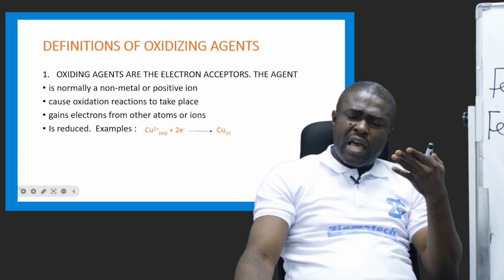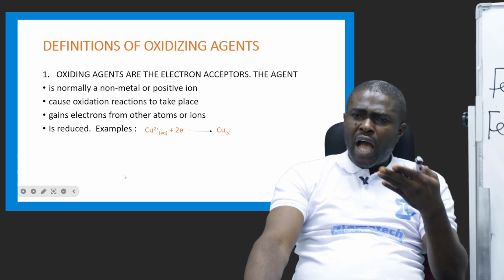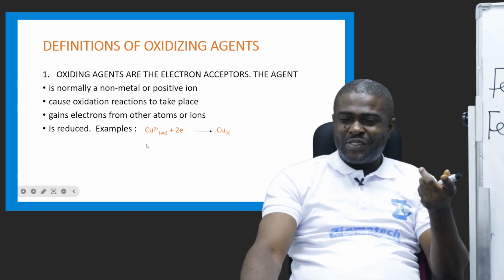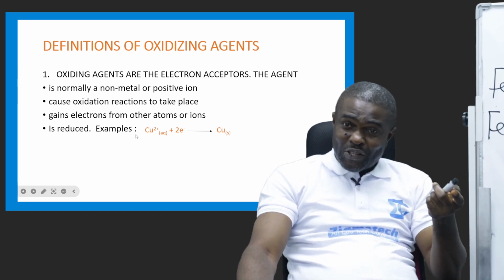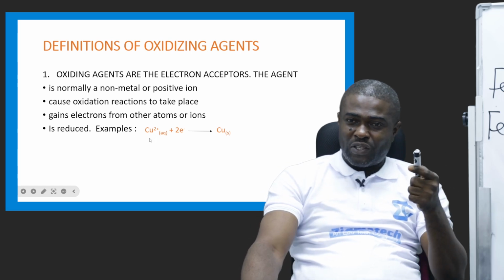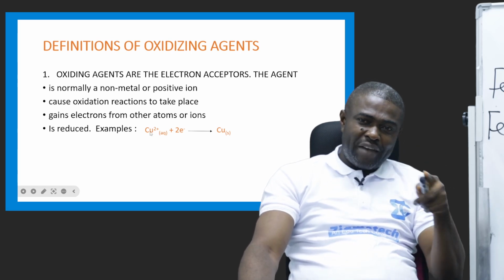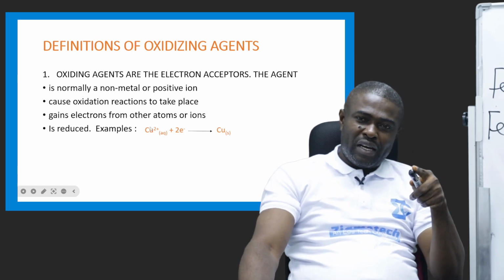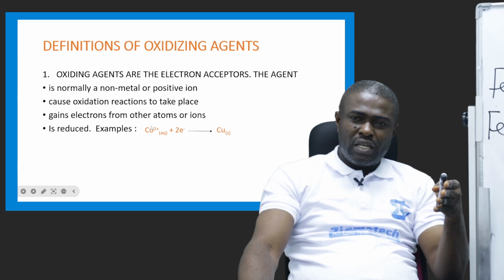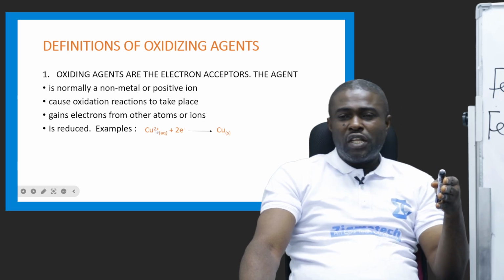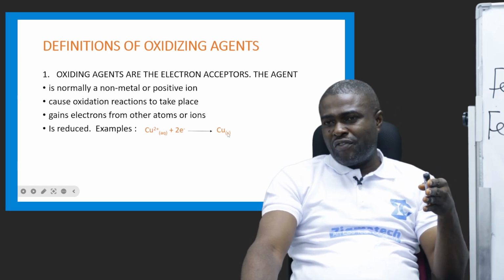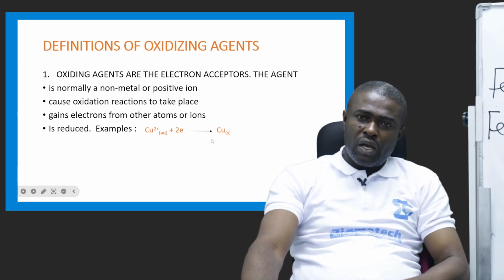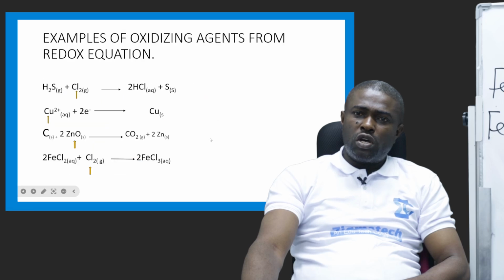And their oxidation number actually decreases in a positive direction. Look at it here. Moving from left to right in this particular reaction, we are moving from plus 2, copper 2, then moving to the right in the positive what? Direction. You see that the oxidation number is actually decreasing. Okay, the equations will help us.